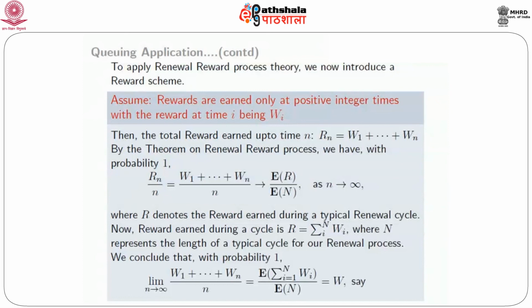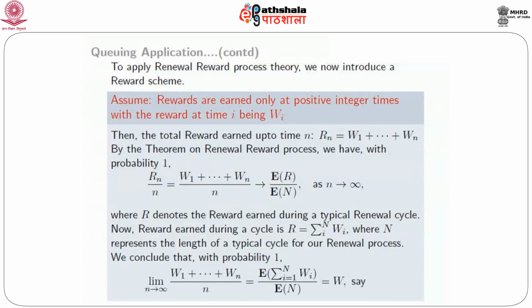Now the reward earned during a cycle is R equals the sum from i equals 1 to N of Wi. Why? Because capital N denotes the number of customers served during a typical busy period. For each i, the reward amount is Wi.